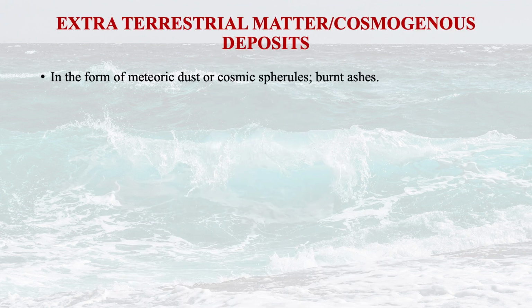Now we are left with another important type of ocean deposit, that is the extraterrestrial matter, which is also called cosmogenous deposits because they are in the form of meteoric dust or cosmic spherules. You must have studied in the block on atmosphere that when extraterrestrial matter enters our atmosphere, due to friction of air molecules, they burn, and they also occur in the form of burnt ashes.